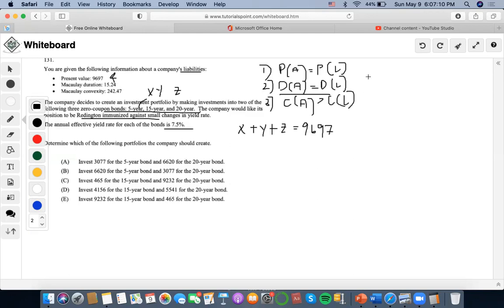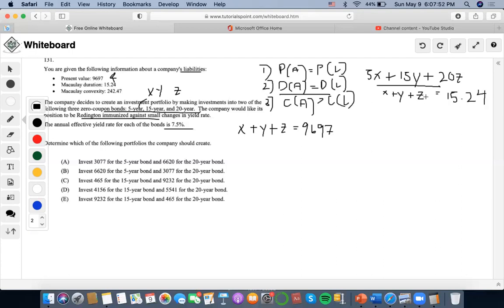The equation for that would be 5x plus 15y, and there's no discounting either because they're zero coupon, so it's just the time value times the price, plus 20 for Z, over the present value of X plus Y plus Z, which equals 15.24.